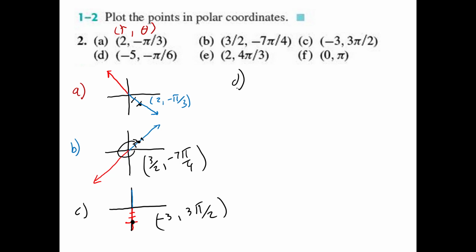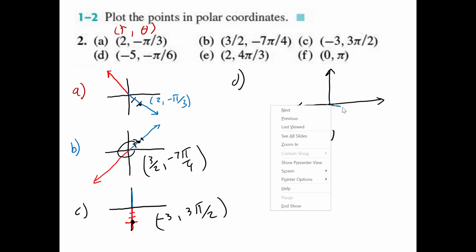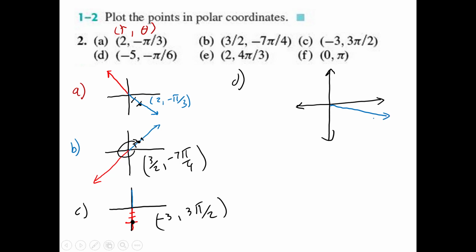For D, negative pi over 6. When you take the x-axis and you rotate it negative pi over 6, then your positive x-axis ends up down here.